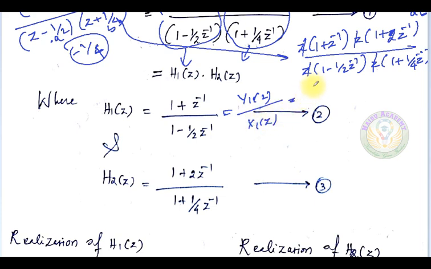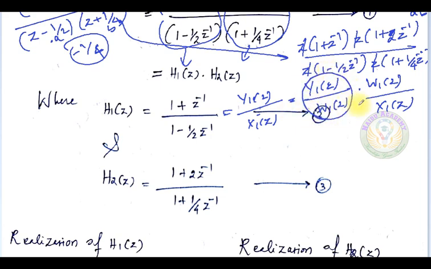The same can be represented using an intermediate variable, w1 of z, as y1 of z divided by w1 of z times w1 of z divided by x1 of z. These two terms will cancel, which means you will get the original form. So this is a separate function and this is a separate function.